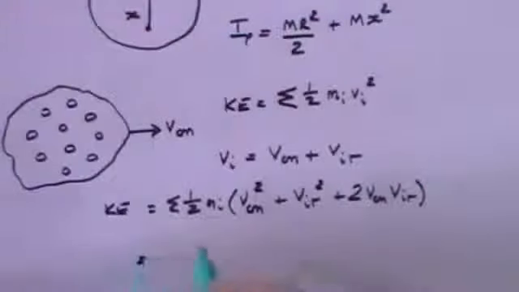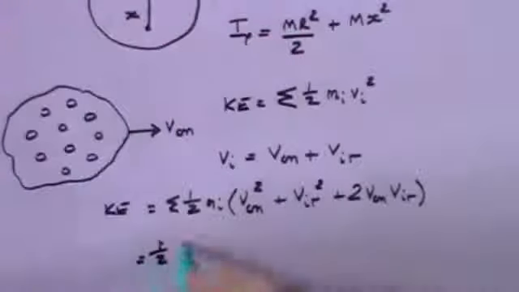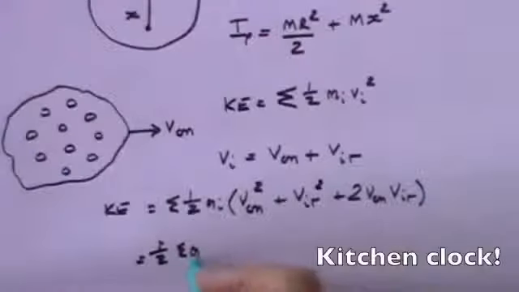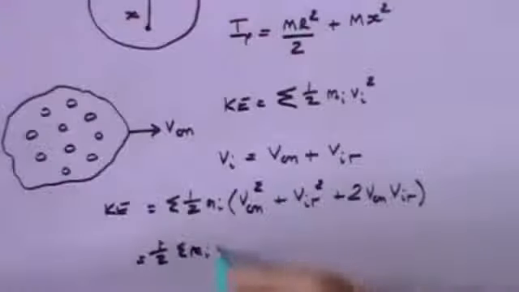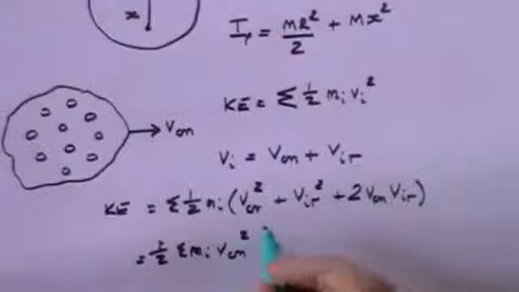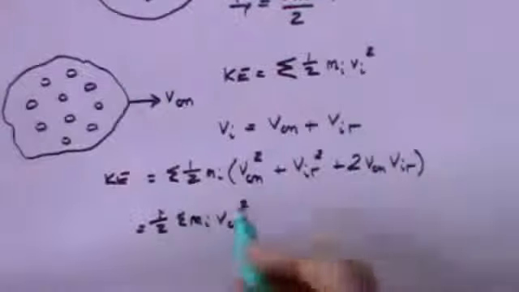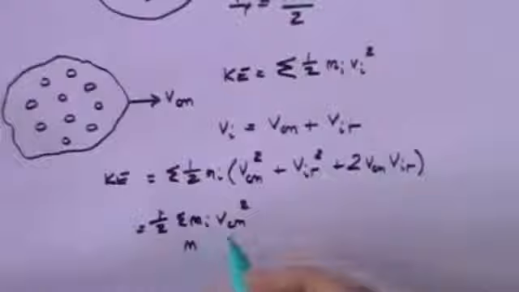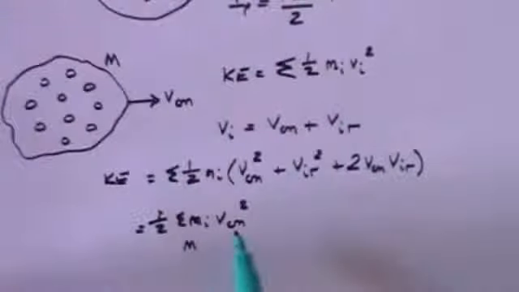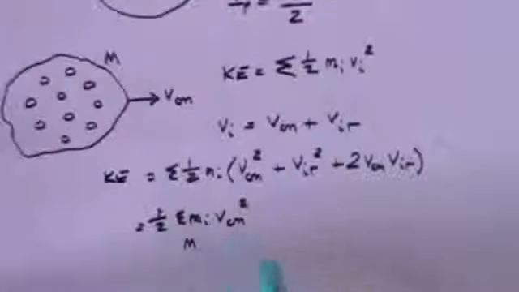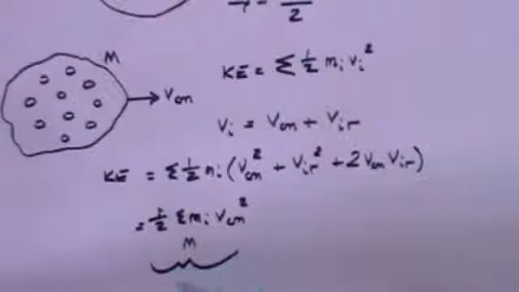And that's going to equal, we can take the half on the outside because that's a constant, a half times sigma mi times V centre of mass squared. Well, V centre of mass is of course a constant velocity, and sigma mi is simply the mass of the entire body. So now we've got half mv squared, and that is the kinetic energy of the centre of mass.